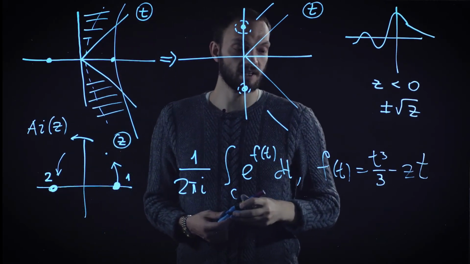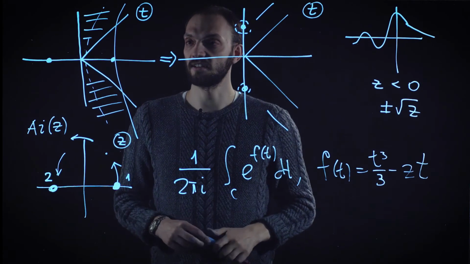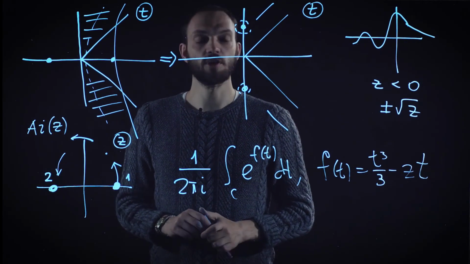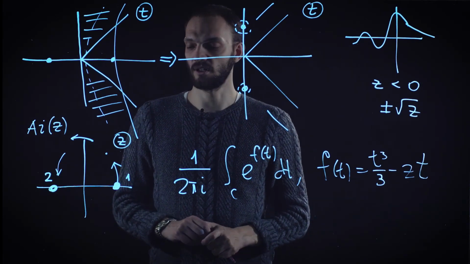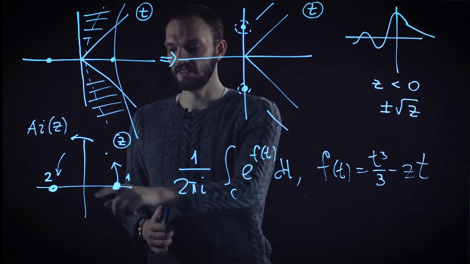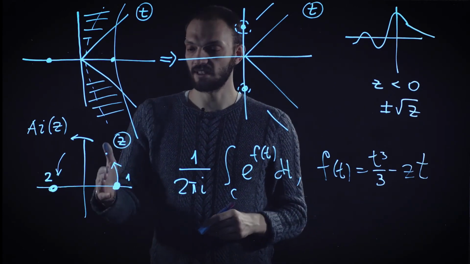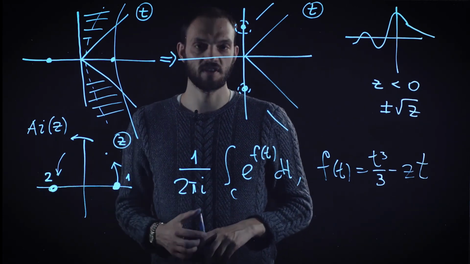And we need to apply our saddle point technique for the study of this integral. And please, again, note that this can be to a certain extent non-trivial, because we understand that when z is real and positive, only one saddle point contributes. When z is real and negative, both of them contribute. And now we need to understand where exactly the change in this behavior happens.